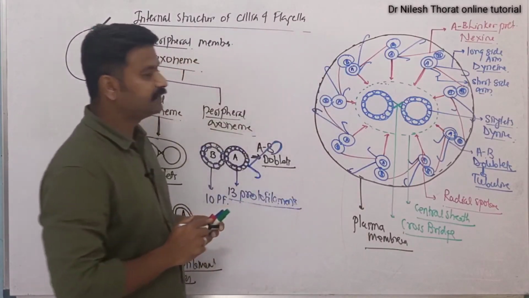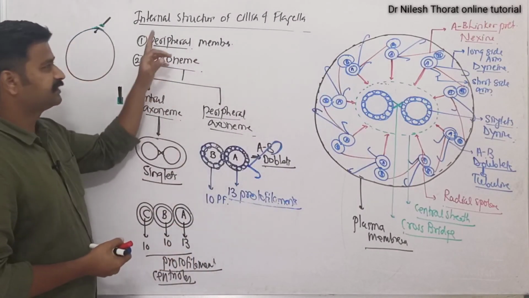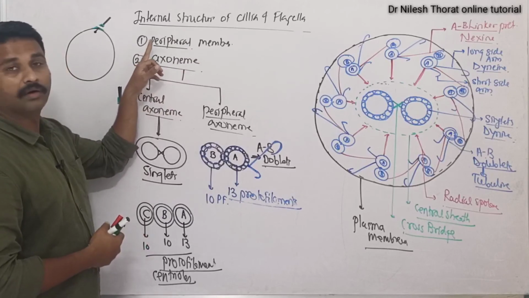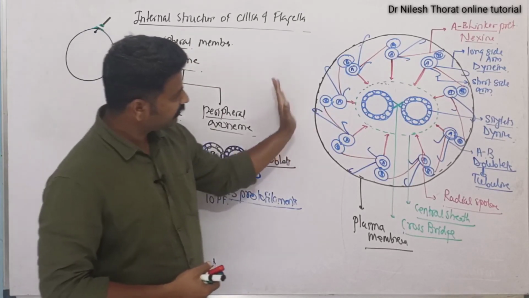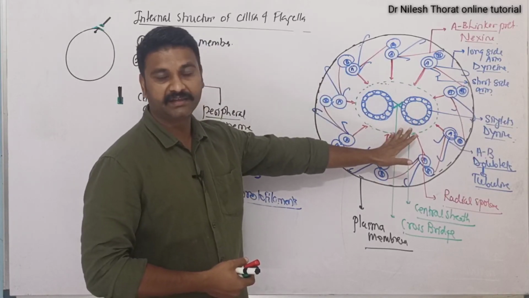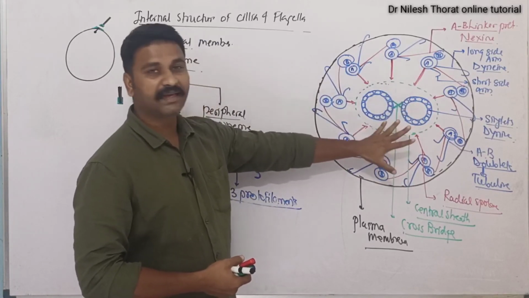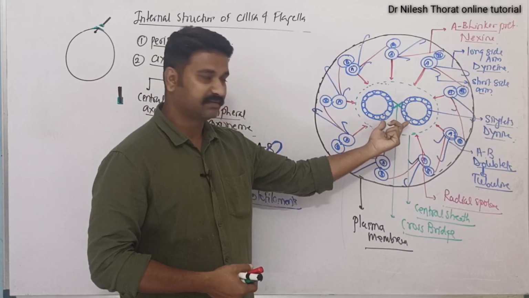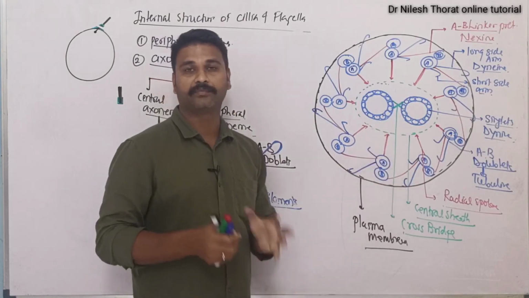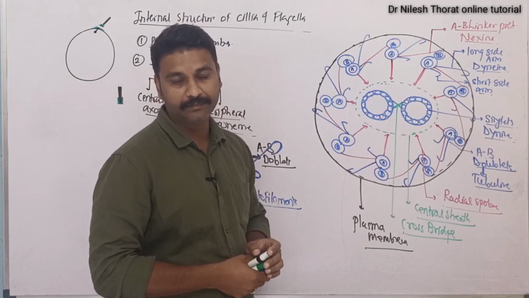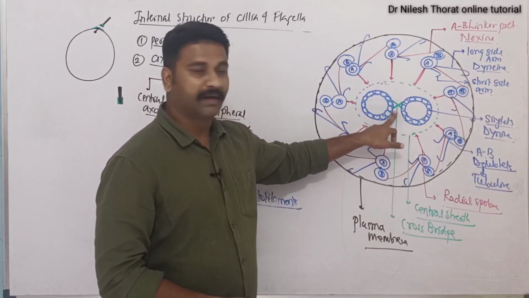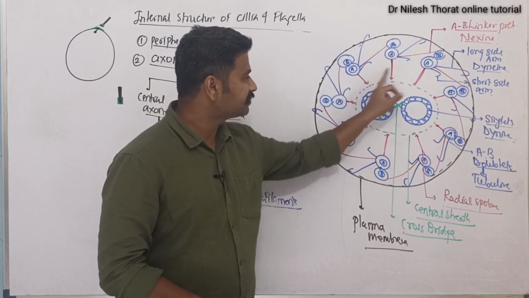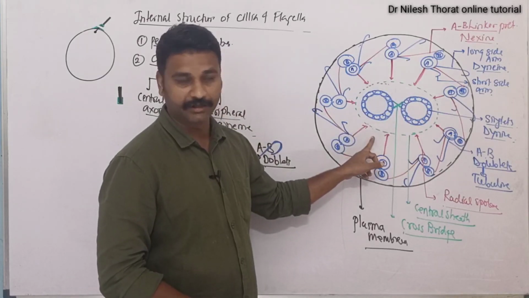Clear? So internally the structure of cilia and flagella is divided by a peripheral membrane. So this is the peripheral membrane. Everything inside the peripheral membrane is called the axoneme. This axoneme has two parts: the central axoneme, which consists of two tubes made up of dynein protofilaments, called singlets, which are connected by the cross bridge and surrounded by the central sheath.